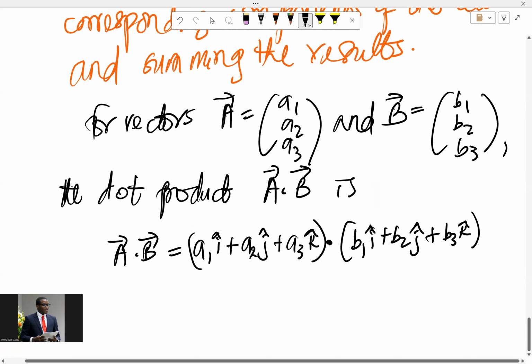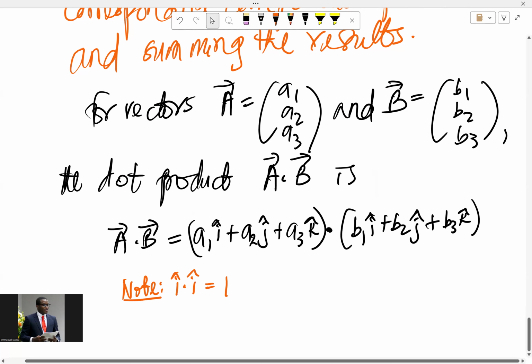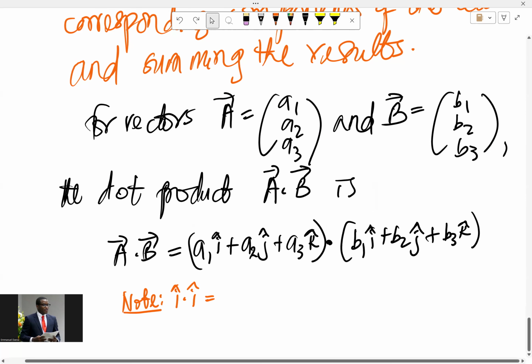I once told you that i, j, and k are unit vectors. As unit vectors, the following things hold about them. You need to note that i dot i is equal to 1 because they are unit vectors. So i dot i, j dot j, and k dot k are always equal to 1.